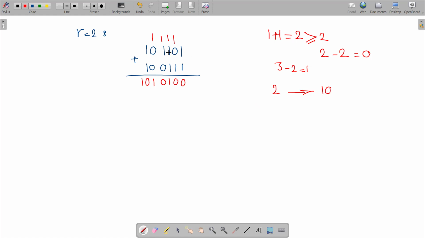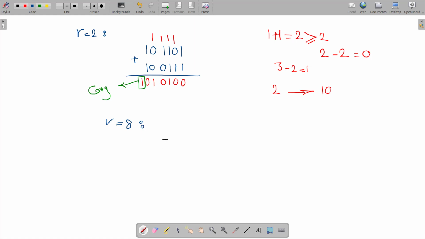Now 1 2 3 4 5 6, and here we have 1 2 3 4 5 6 7. What does it mean? It means that this bit is called the carry. Similarly for all the others.